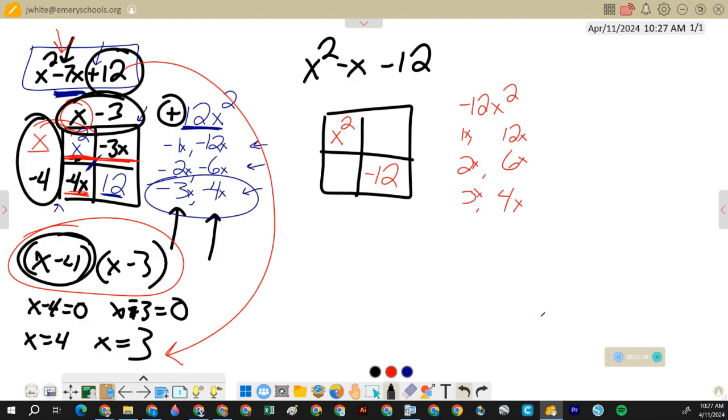What about the signs? What do I know about the signs? Well, what does this tell me? One of them is positive and one of them is negative. How do I figure out which is which? Well, when these two numbers fight it out, the bigger one always wins, right?